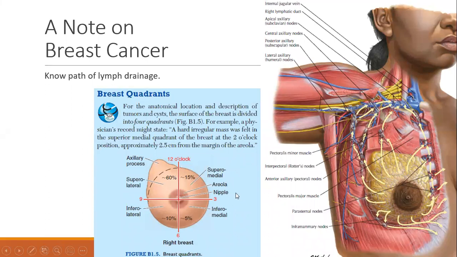But if you have breast cancer in these other areas, obviously the spread of the cancer is going to be different and it's going to be harder to detect. So that's why you have routine mammograms in patients 50 and above, and in patients who have a previous family history of breast cancer, they'll sometimes get mammograms earlier than that, depending on how old their family member was when they first had breast cancer.